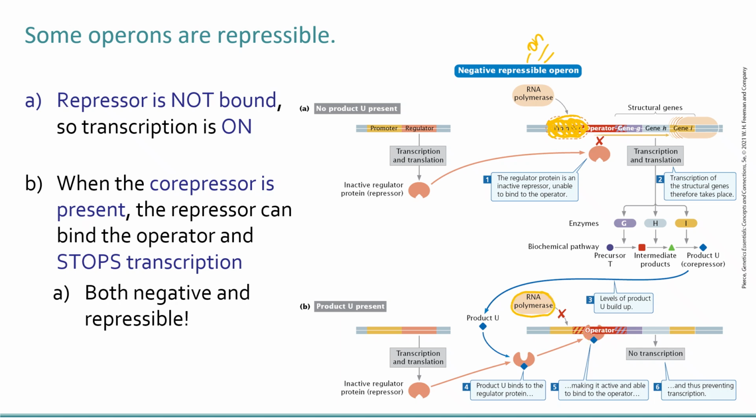And so in this case, we are going to block RNA polymerase from binding. It's repressible, which means we started on and we need to turn off. And we do that by blocking RNA polymerase from binding.